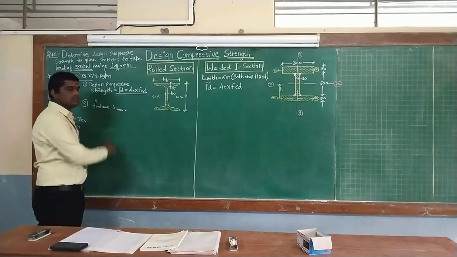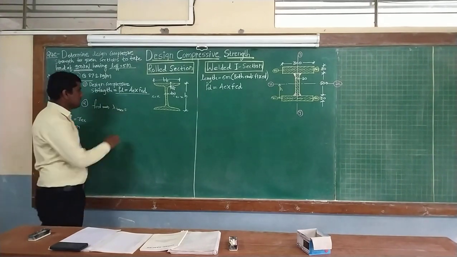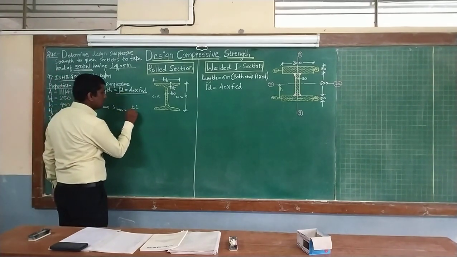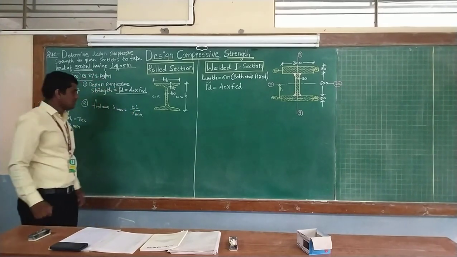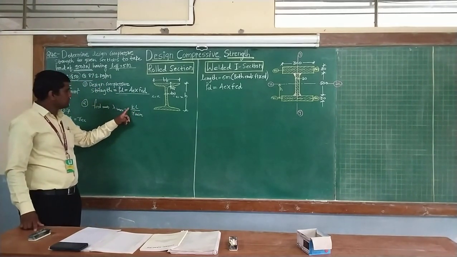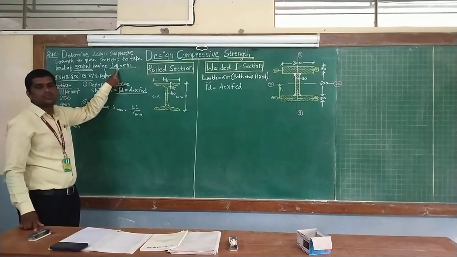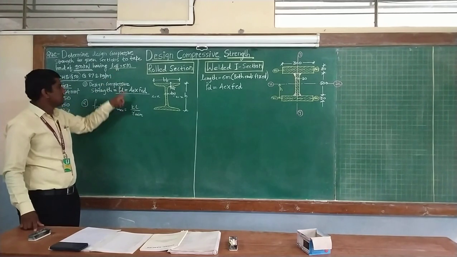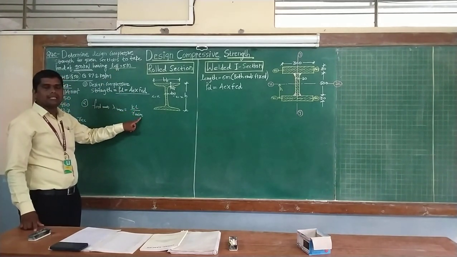Effective slenderness ratio maximum is equal to KL divided by r minimum, where KL is the effective length, already given in the numerical as 5 meter, divided by r minimum, that is the minimum radius of gyration.